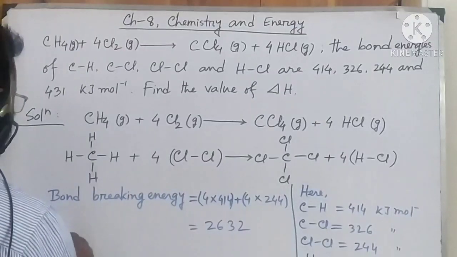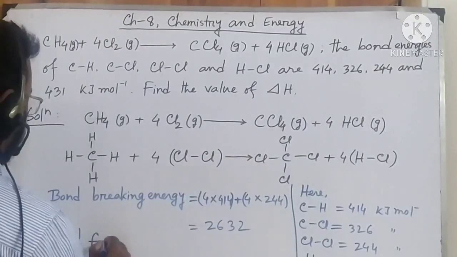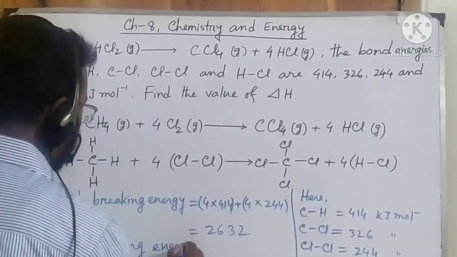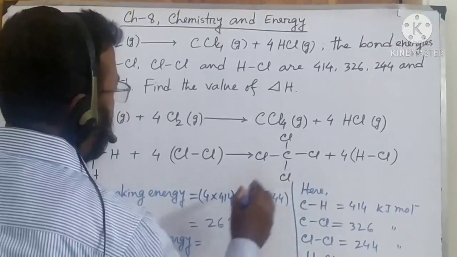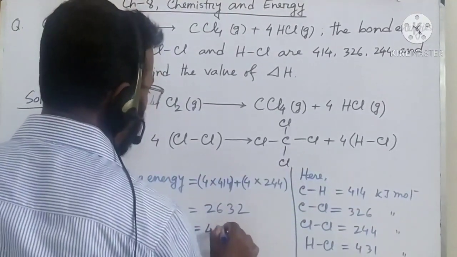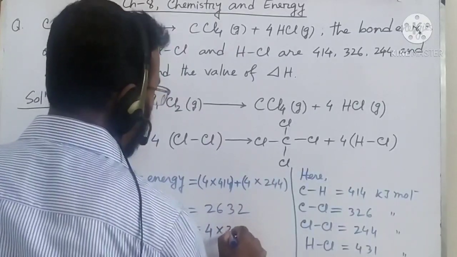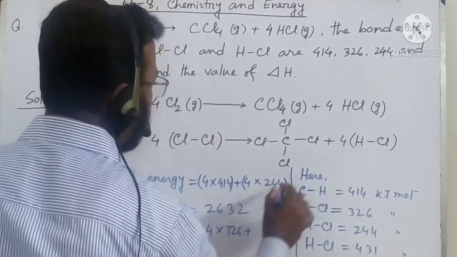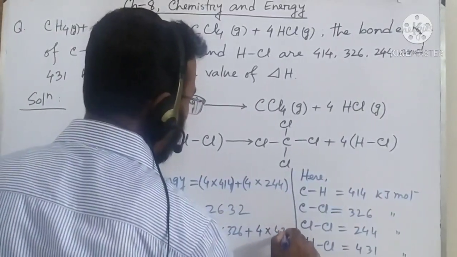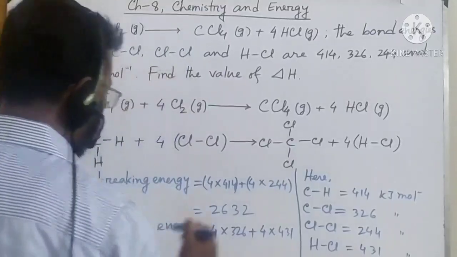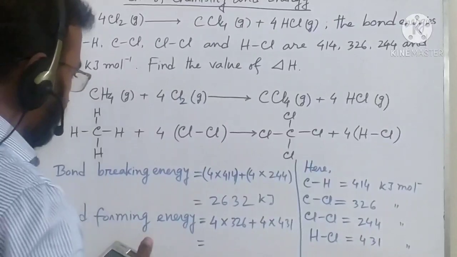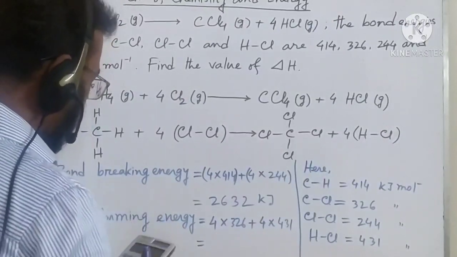Then the bond forming energy. Here also there are 4 carbon chlorine bonds, so it will be 4 into 326 plus, then hydrogen chlorine, it is also 4, so 4 into 431.